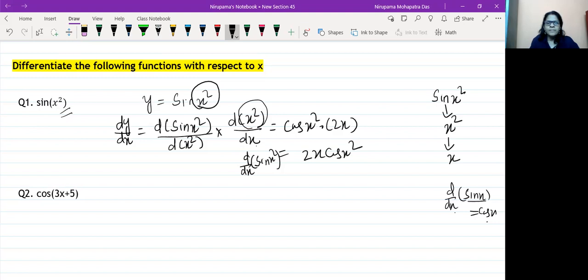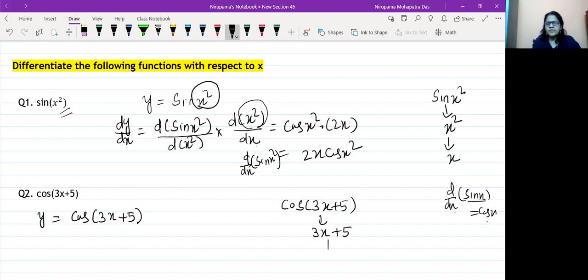Okay. Next question is cos of 3x plus 5. Let us write it as y equal to cos 3x plus 5. So we have to identify the function directly. As you can see, cos of 3x plus 5, here 3x plus 5 is the function, and 3x plus 5 is a function of x.